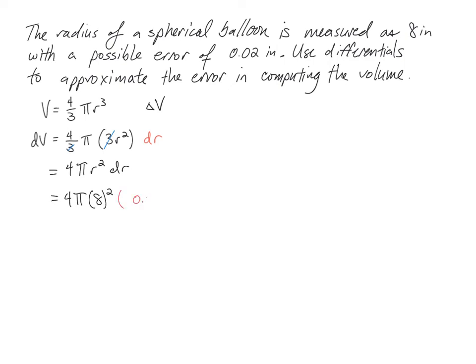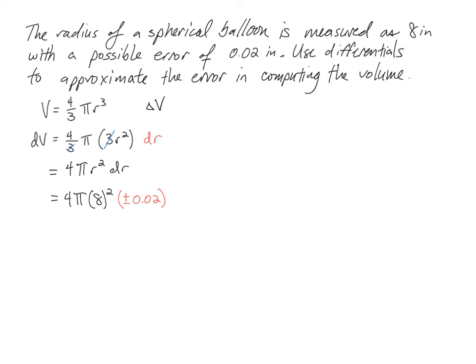0.02 in for dr, we don't know if that error is an error that was bigger than 8 inches or less than 8 inches. So we have to represent the fact that we don't know with a plus or minus 0.02.